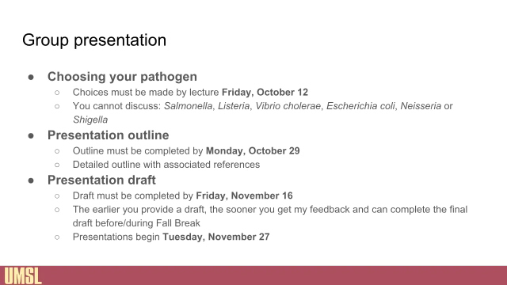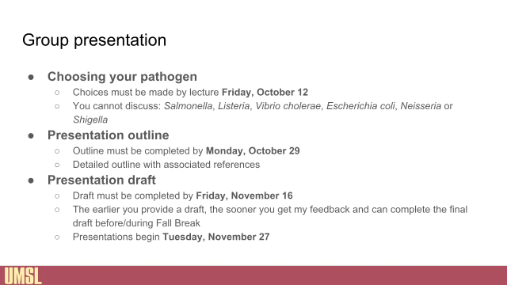If you're wanting to get inspiration for pathogens, I encourage you to look at the science section of the New York Times, Washington Post, USA Today, any reputable media source. Look at their science section, and I guarantee usually about once a week there's going to be some infectious disease related article talking about some interesting pathogen.